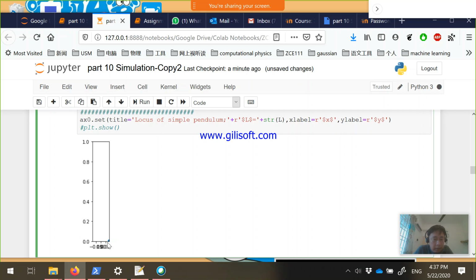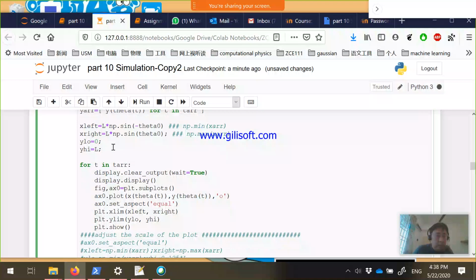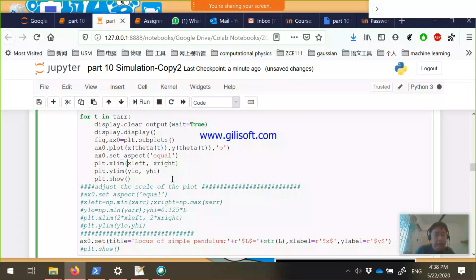Okay. So you want to make the simulation look better. Try to refine it. For example, make the box to be displayed more. Well, what I mean is that you can make the x limit slightly larger and the lower limit slightly lower. So the left, you make the left slightly less.